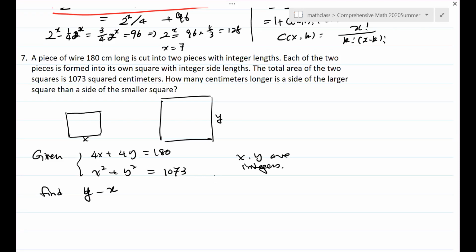If we have to find y minus x, maybe we don't need to find x and y individually. Now this becomes an algebra 1 problem. In a story problem, the most difficult part is to name the variables and then set up equations based on what you're given. Most of the time, we have to draw the picture.